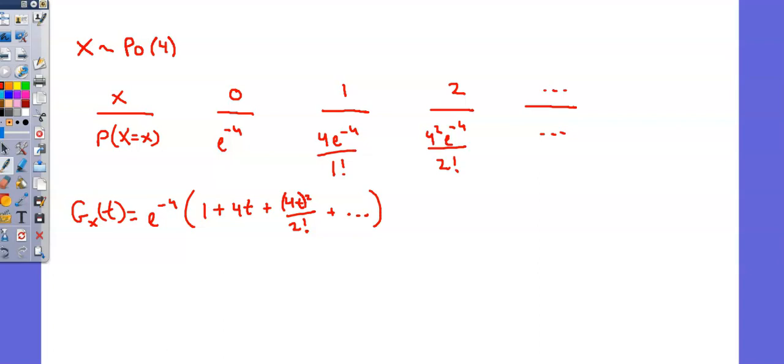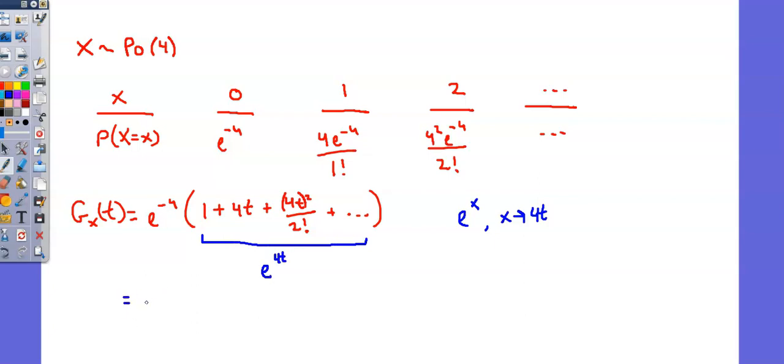This is also an infinite series, and the expression in the brackets is following a Maclaurin series for e to the power of x, with x replaced with 4t, which means I can summarize that infinite series in brackets as e to the power of 4t.